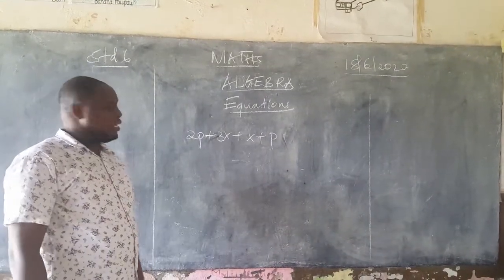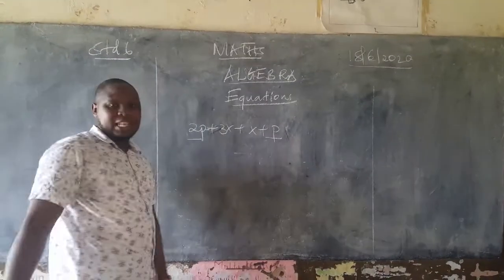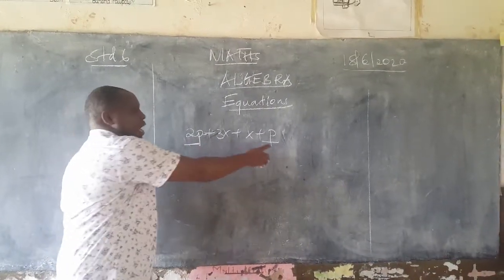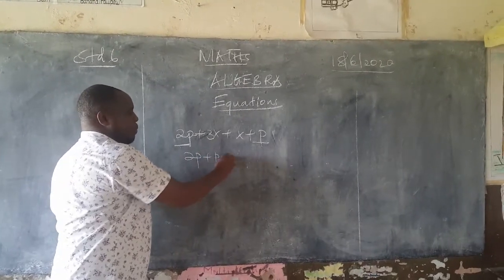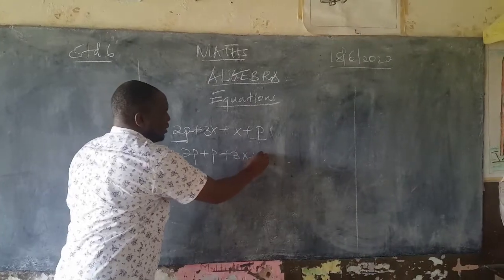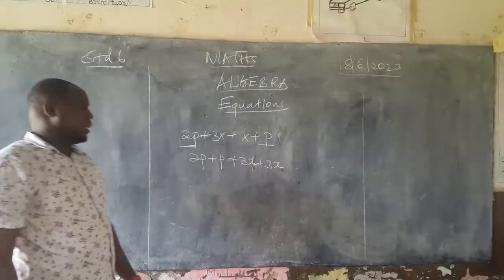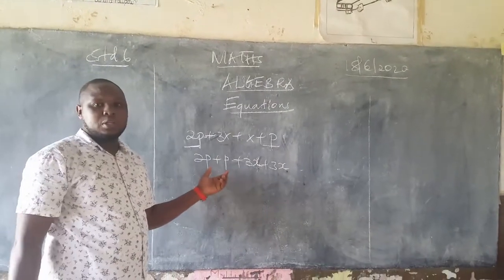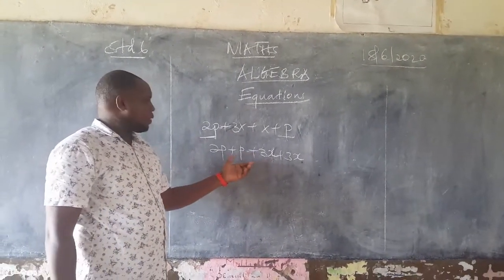Remember what we said, Lana? We said you pick the ones with the like terms. These are like terms. We have 2p here and we have p here. So you write 2p plus p plus 3x plus x. Let's write it like that so that it doesn't look like a multiplication. So from there you can begin and continue working out.